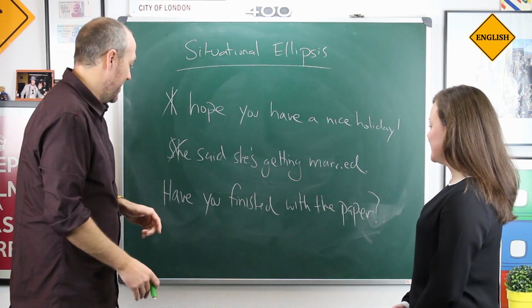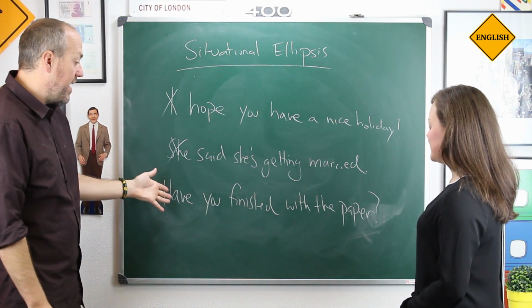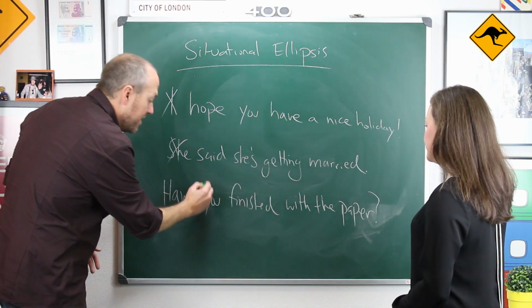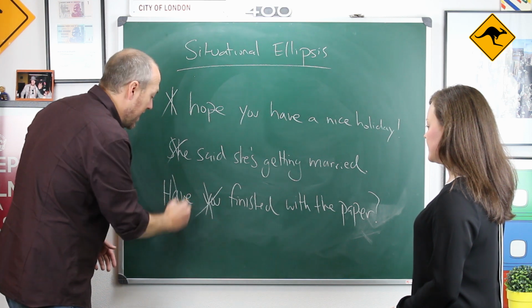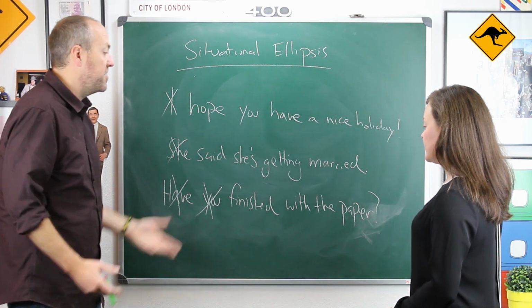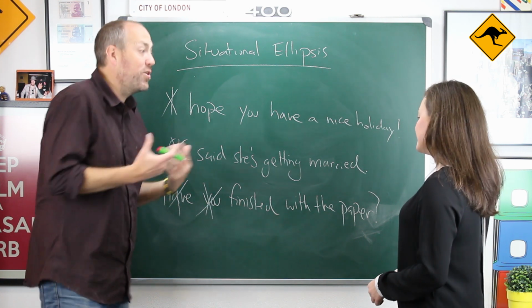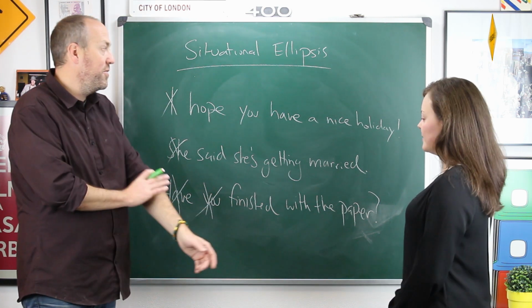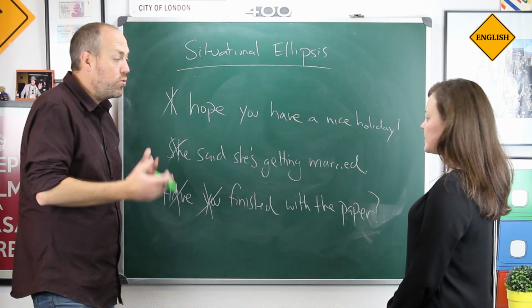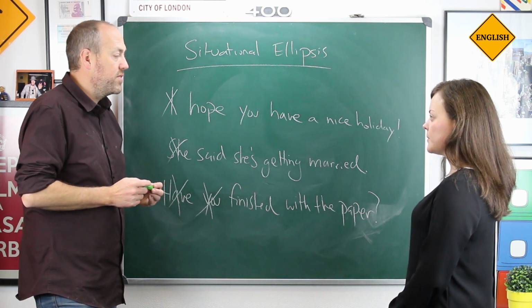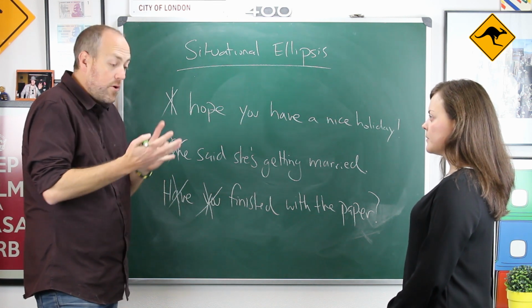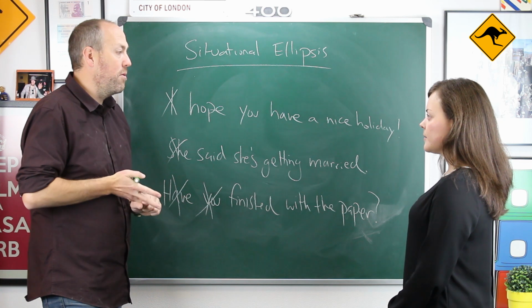And here, we're going to eliminate the subject and also the auxiliary. I can say, "Finished with the paper?" Because I'm talking to you. Yes. It's obvious. So this type of situational ellipsis is very informal, but also very common.